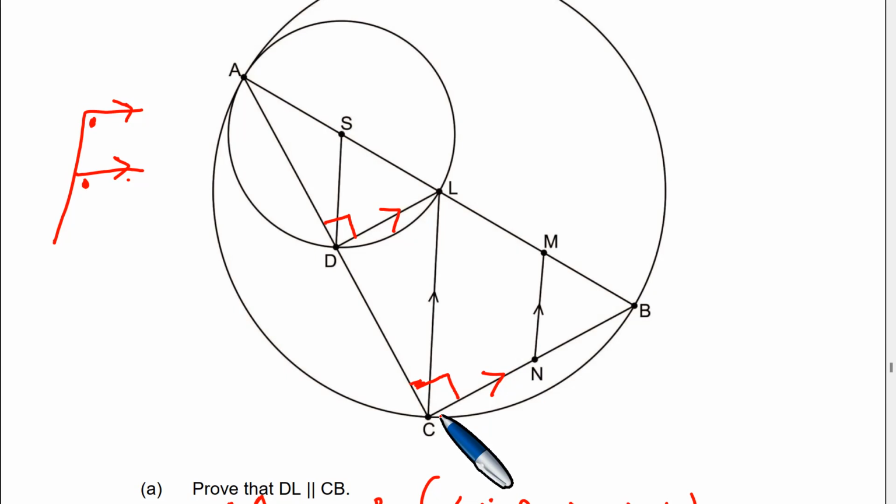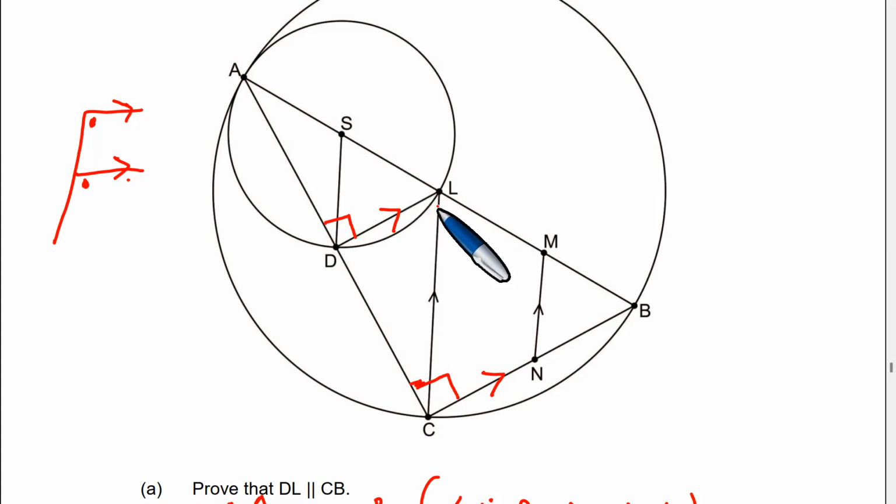Obviously, you prove that twice SD is equal to LC. This is what we tend to see as the midpoint result, the midpoint theorem. So we use just that one there.